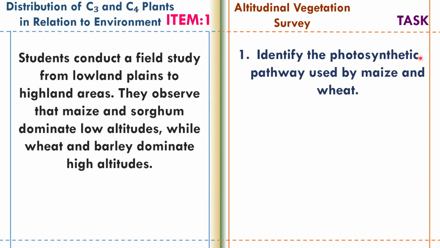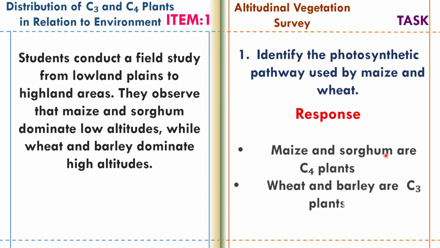Identify the photosynthetic pathway used by maize and wheat. Maize and sorghum are C4 plants. Wheat and barley are C3 plants.